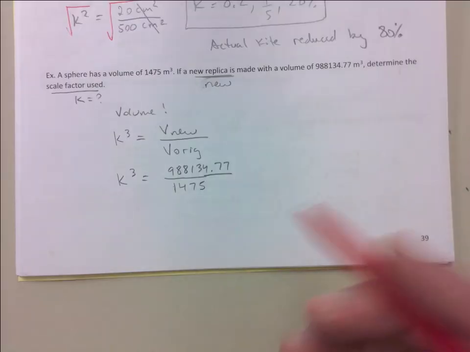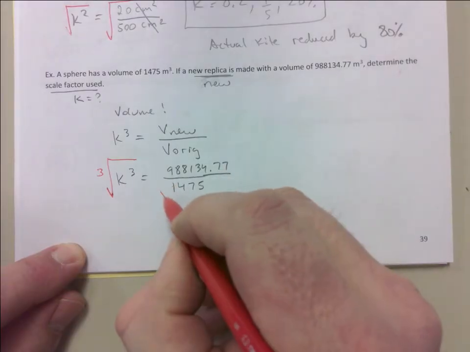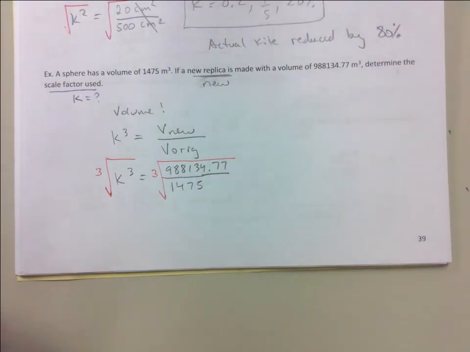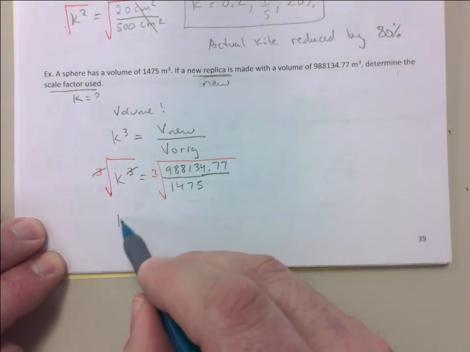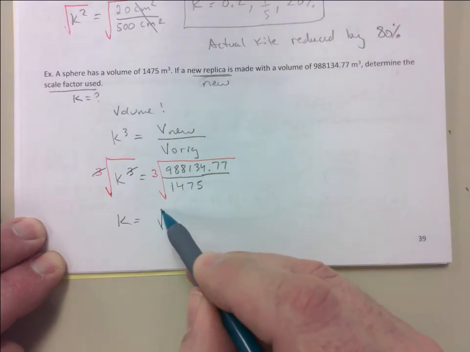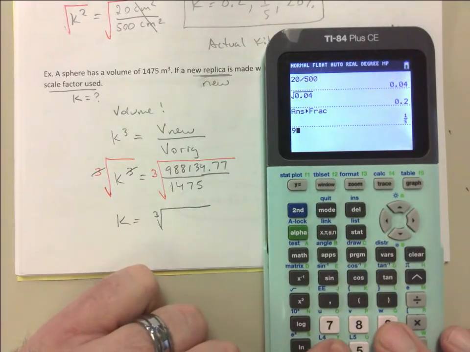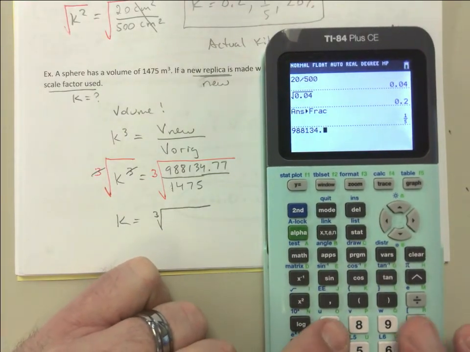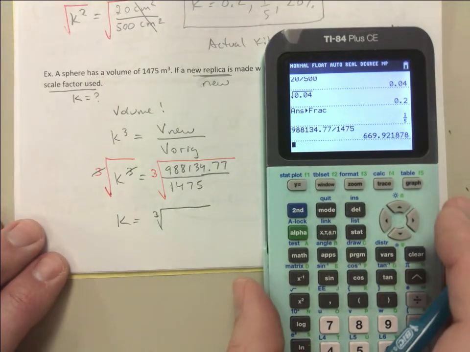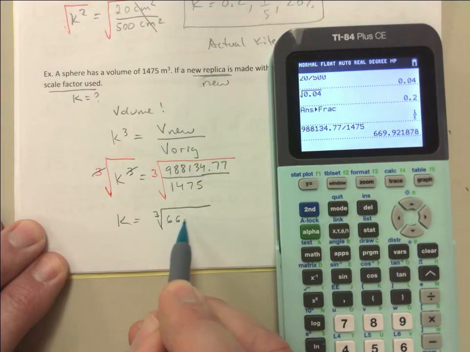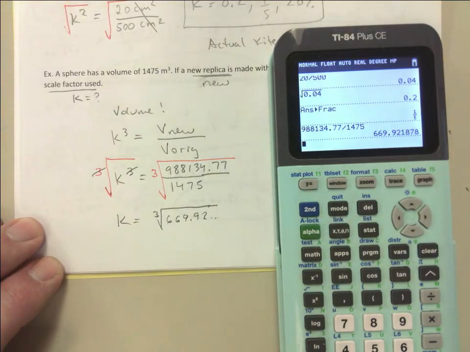I'm kind of stuck here, right? So I need to get rid of the cube, so I go cube root. That cancels this out. K is the cube root, and I figure that out first. I like to show that as part of my work. That's 669.92, and that keeps going.